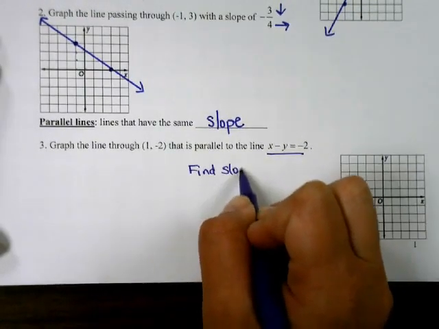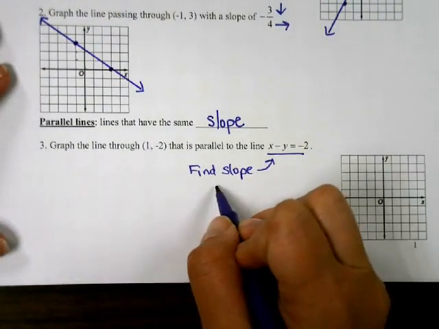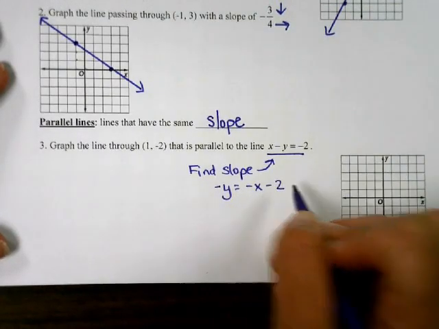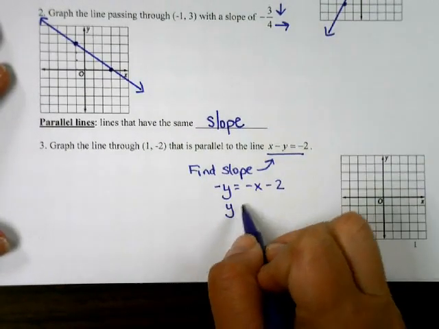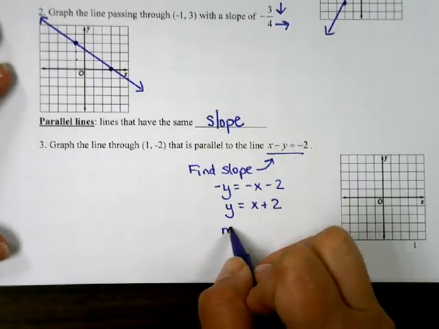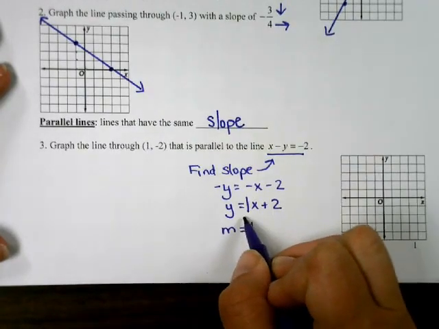So I'm going to rearrange this equation into slope-intercept form. So -y is equal to -x minus 2. Divide everybody by negative, so we get y equals x plus 2. So the slope of this equation is 1.